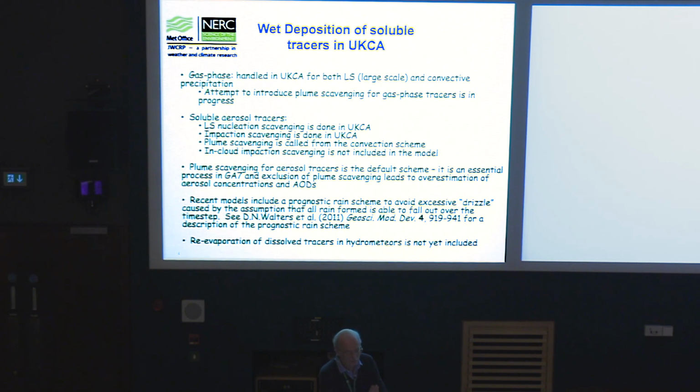So let's look at the soluble tracers, the gas phase soluble tracers, handled in UKCA for both large-scale and convective precipitation. And it's important to realize that this is wrong for the convective precipitation, because what happens is the scheme in the unified model can loft your soluble tracer a long way in the atmosphere without any removal by precipitation.